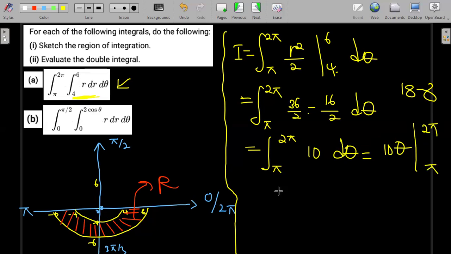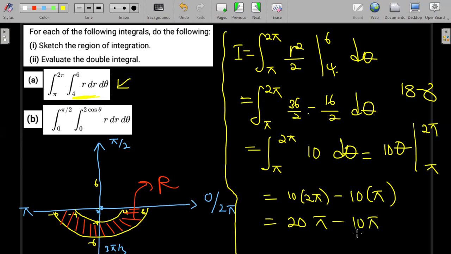So I have 10 multiplied by 2 pi minus 10 multiplied by pi, which gives me 20 pi minus 10 pi. My final answer is 10 pi units squared, because we are referring to this as the area. That's how we can solve the first one.